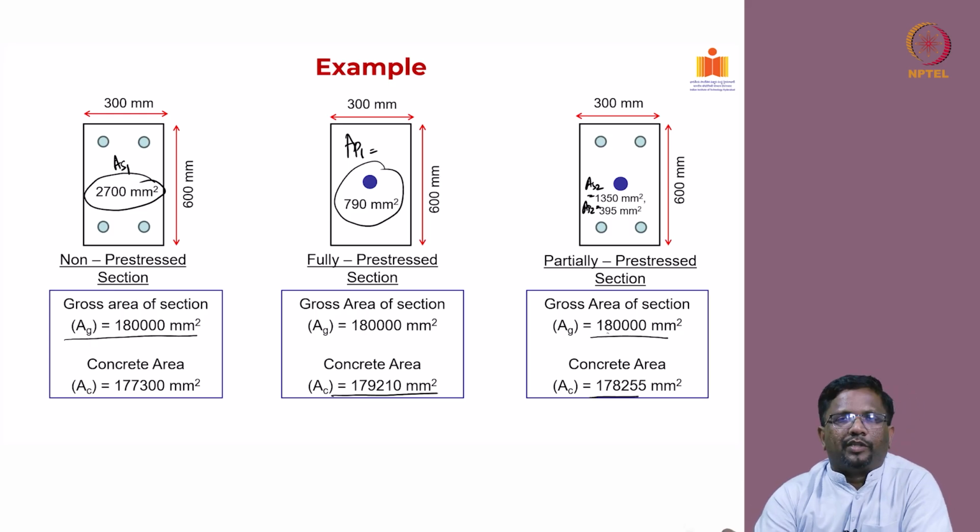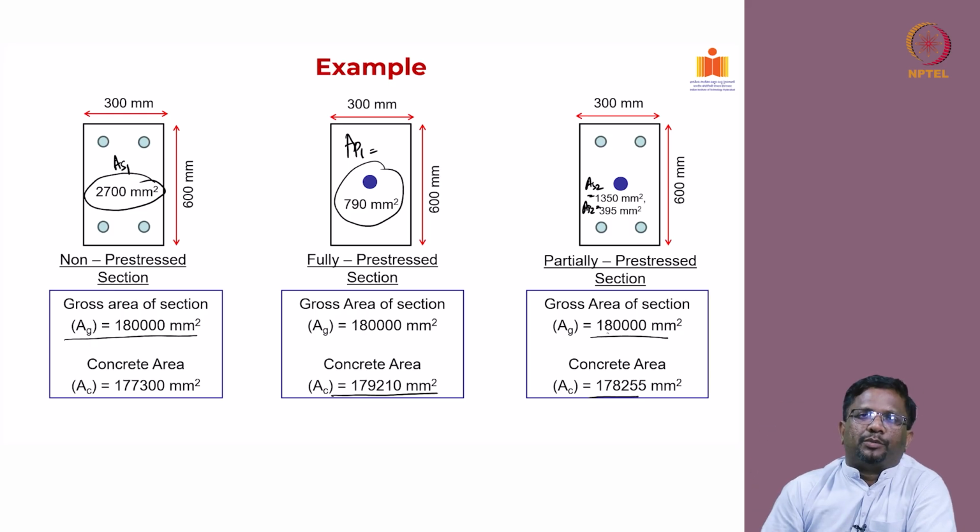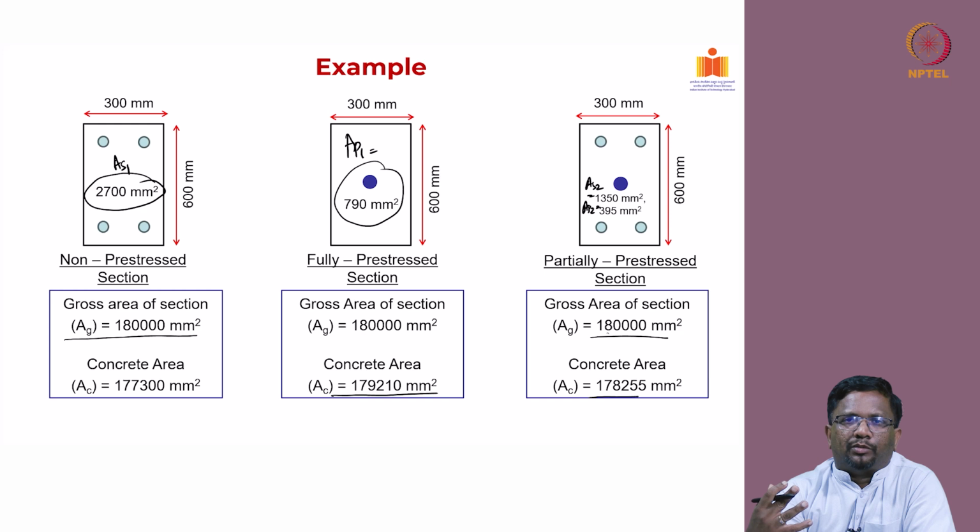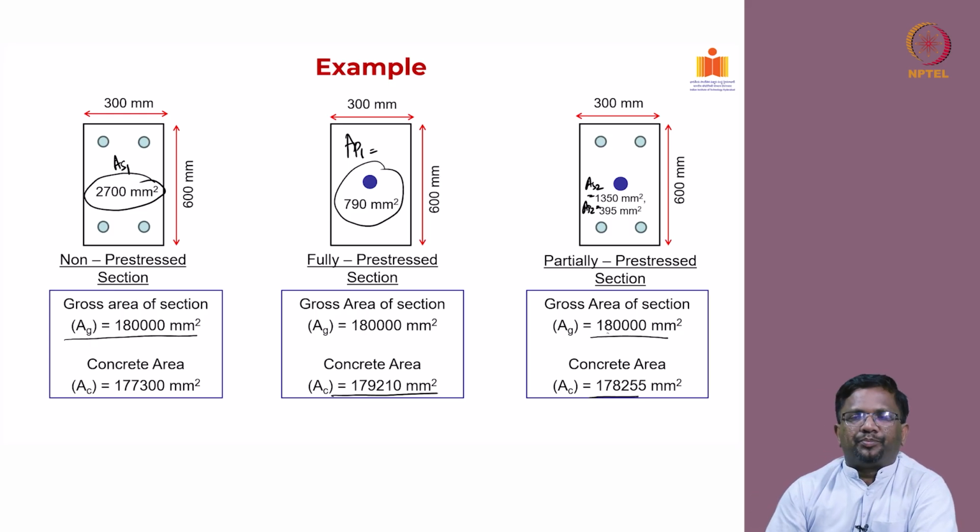Now why did we take these three cases? We wanted to see, if you do this load deformation behavior analysis, whether we can understand the role of the steel and the role of the prestressing in terms of the overall load deformation response. So that is why we are taking up this case.